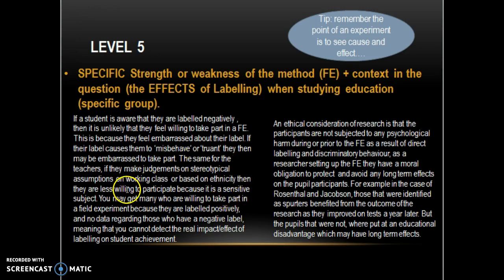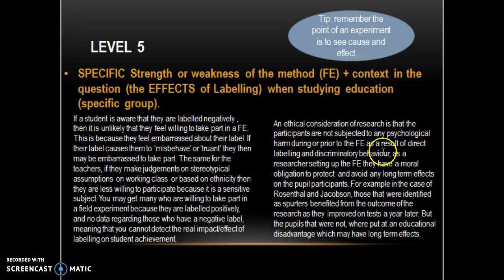They don't want to participate because it's a sensitive subject and they don't want to take part in case they are labelling students negatively. And they cement this application by concluding that the problem with a field experiment, which is aimed to predict the effect of teacher labelling, is that the sample may consist of those who are labelled positively, meaning that you cannot detect the impact of teacher labelling on students' achievement because you're only getting those that are positively labelled and not the negatively labelled.